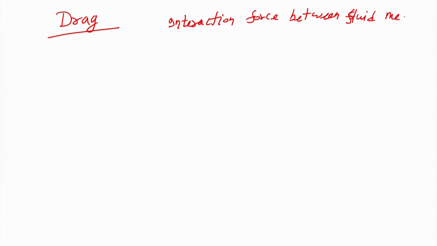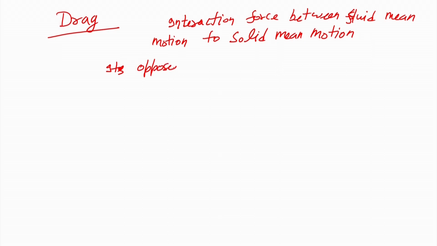So, drag is nothing but an interaction force from fluid mean motion to solid mean motion, and it opposes relative motion. So, the direction of the drag always opposes the relative motion.